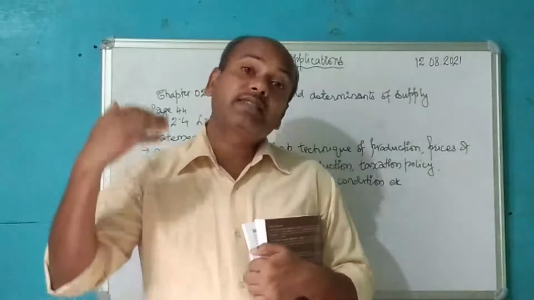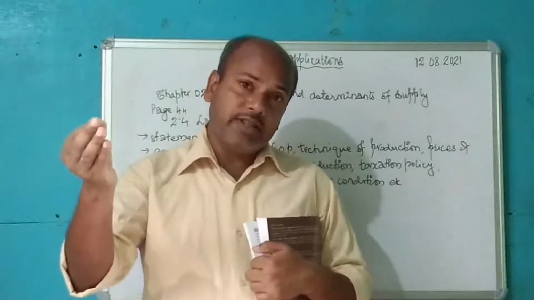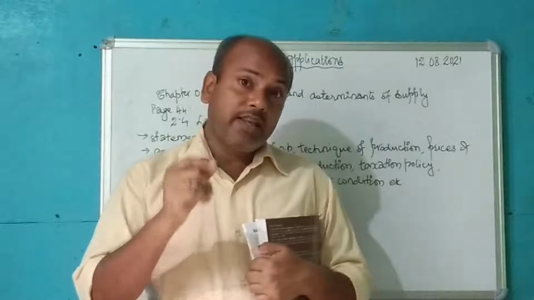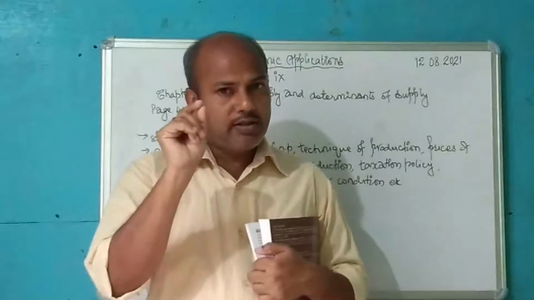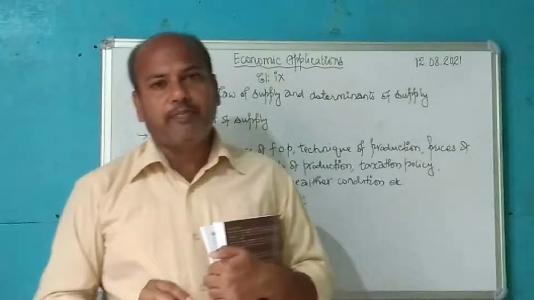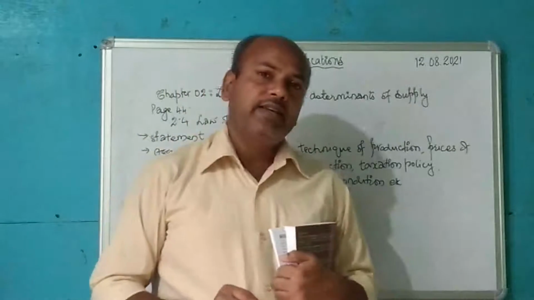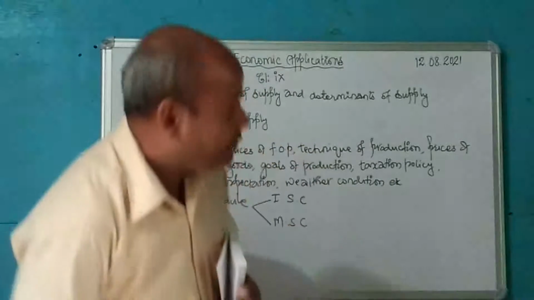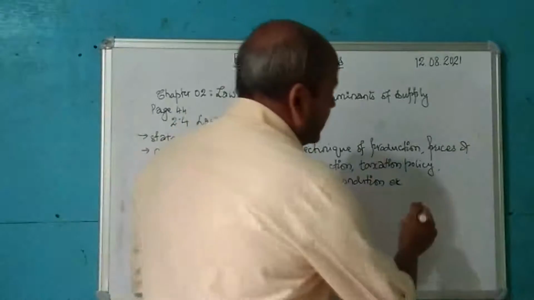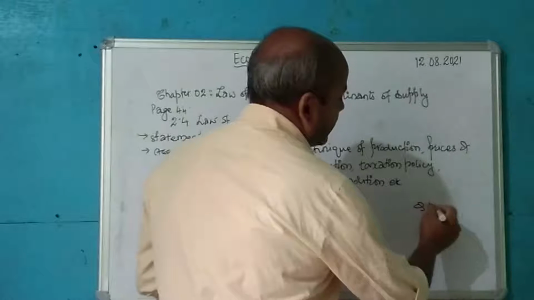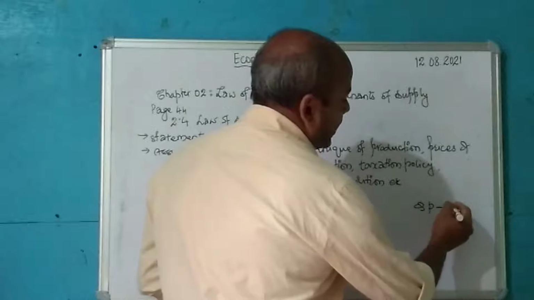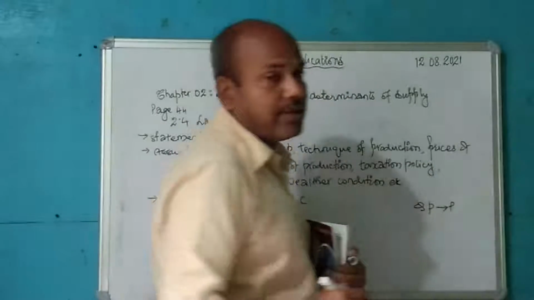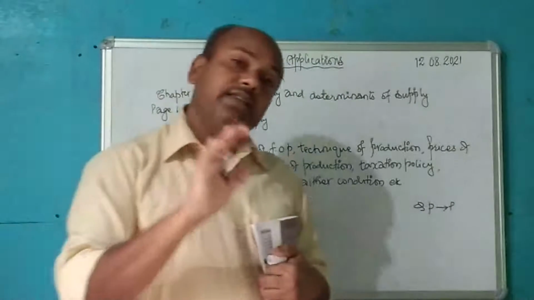Similarly, when the price of the commodity they are producing is higher, they will produce and supply more. It shows a direct relationship between the quantity produced and the price of the commodity. Direct relationship.